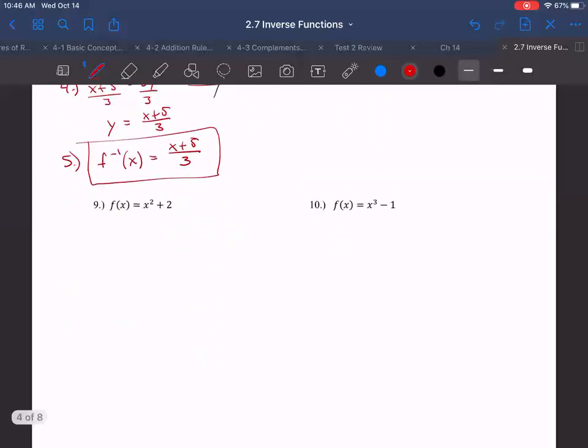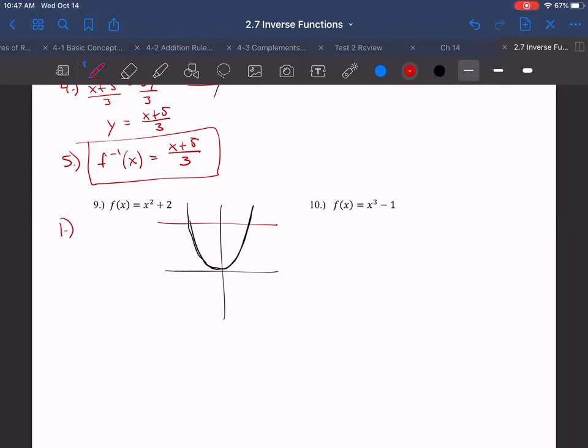Let's look at x squared plus 2. We do step 1. Does it pass the horizontal line test? What does this graph look like? It's a parabola, that x squared graph, something like that. If I try my horizontal line test, it fails it.